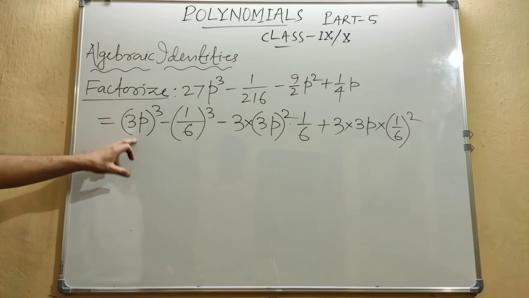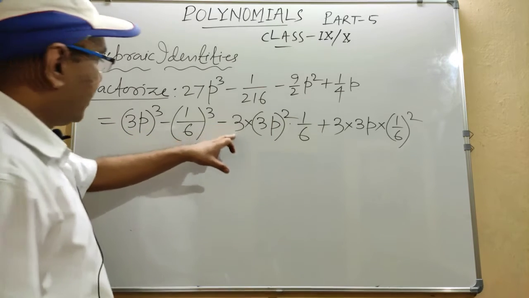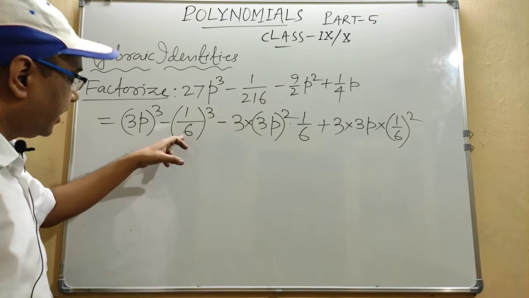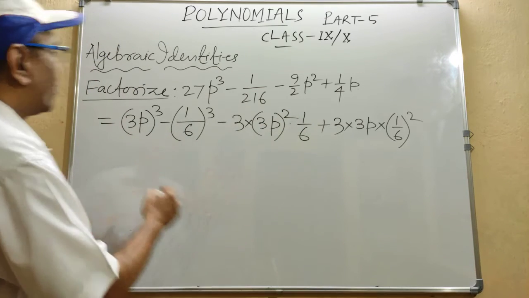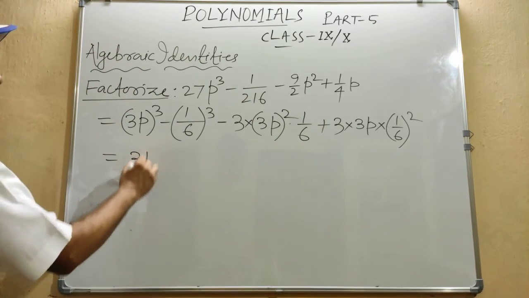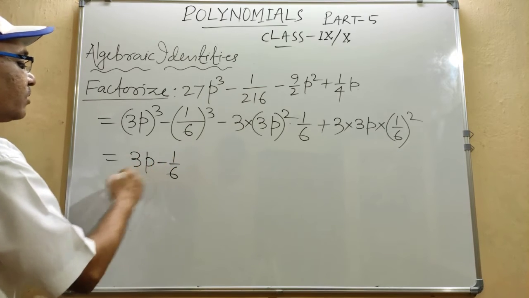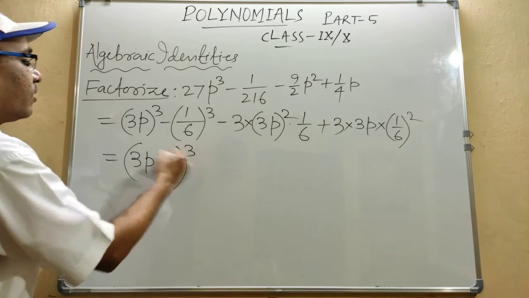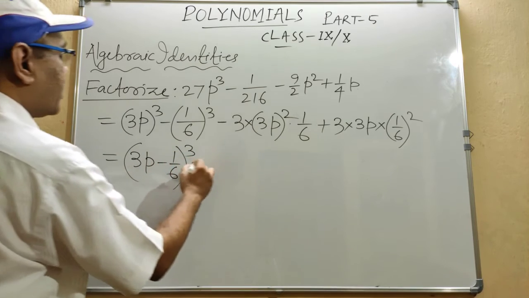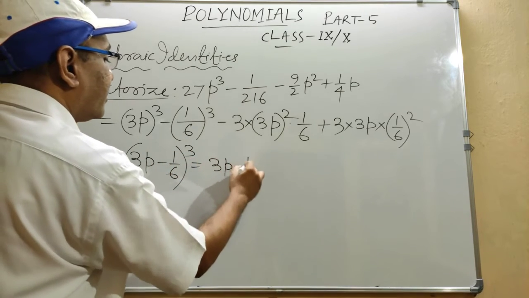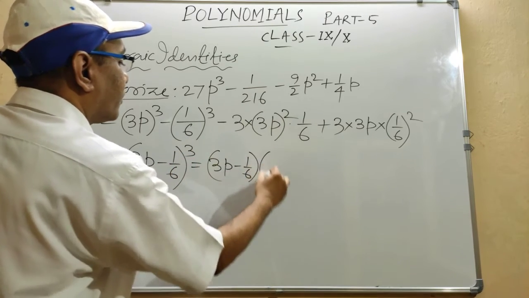So it is of the type a cube minus b cube minus 3a square b plus 3ab square. So it can be written as a minus b whole cube, b meaning 1 by 6, whole cube. So in this way we can factorize it. And if it is a cube, you can write it in this way.